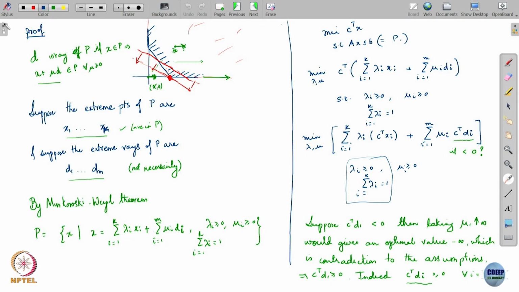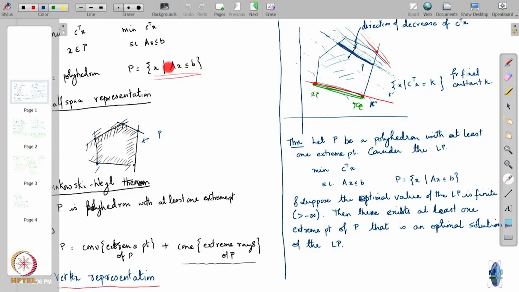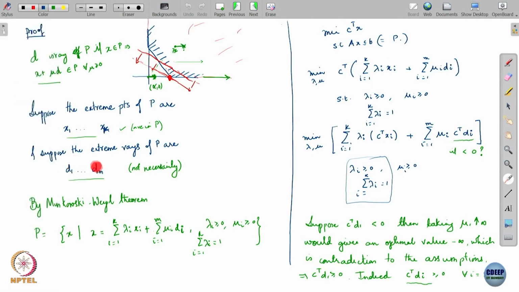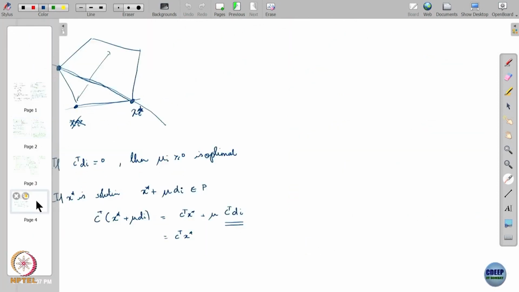Given the Ax less than or equal to b type of representation of your polyhedron, your half space representation, finding the corresponding x1 till xk and the d1 till dm, that is where the challenge is, right. And so all algorithm design would have to in some way or the other deal with this issue. At least if it is aiming to find an extreme point solution, it has to somehow get to this issue. Okay. So, this is the qualitative theory of linear programming.